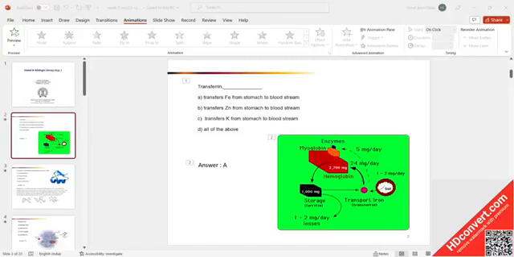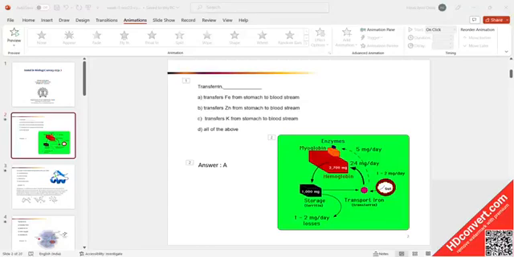Okay, so the next question is about ferritin. What is the role of ferritin? As I have previously discussed in the first question, there are two proteins.